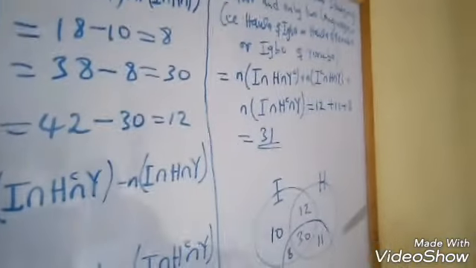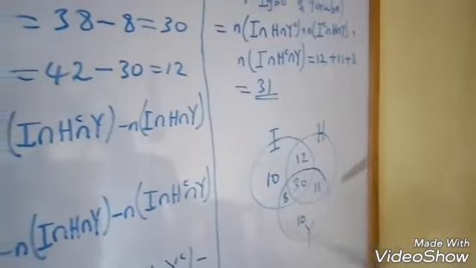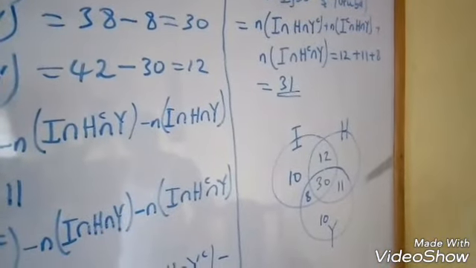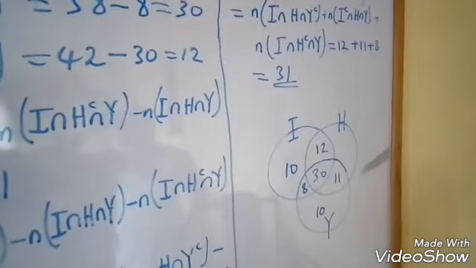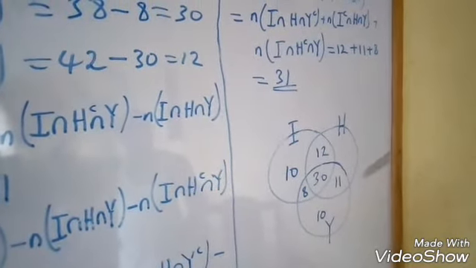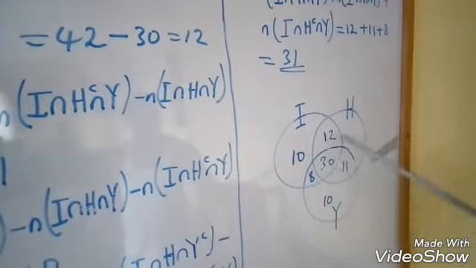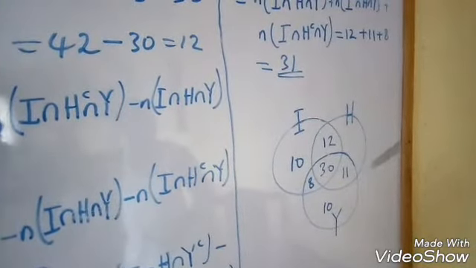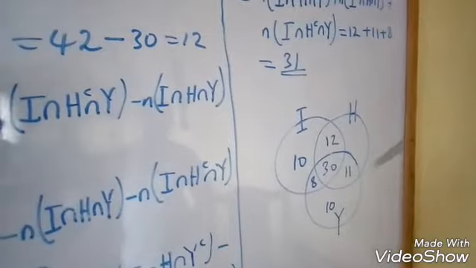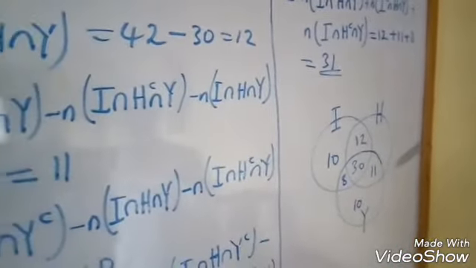For us to get h only, we are going to sum everything and subtract from I union h union y. So we are going to add everything here: 12, 11, 10, 8, 8, 12, 10. Add them together and subtract from 100. That gives us this region. And that is what we have done here.